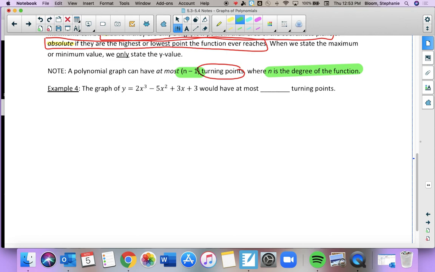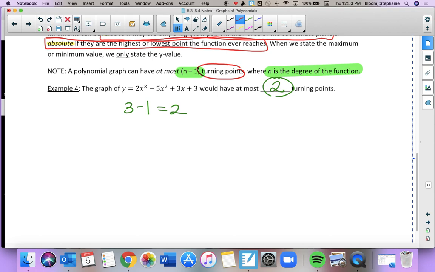Okay? So, for example, this example 4, the graph of y equals 2x cubed minus 5x squared plus 3x plus 3 would have at most, what's the most amount of times that it could turn? 2 times. And how do we know that? It's the degree minus 1. Just that formula, n minus 1.